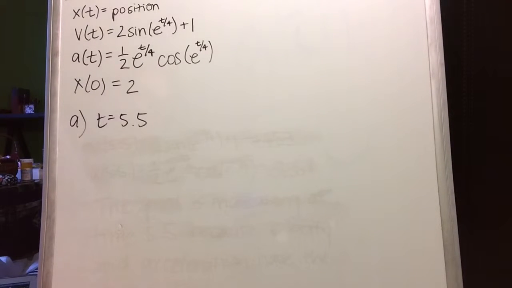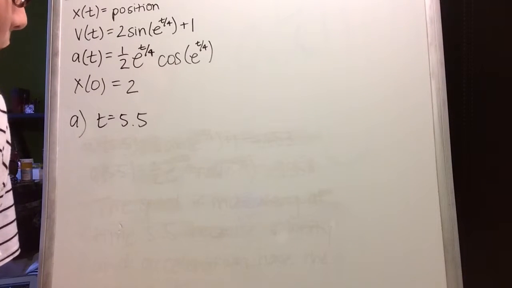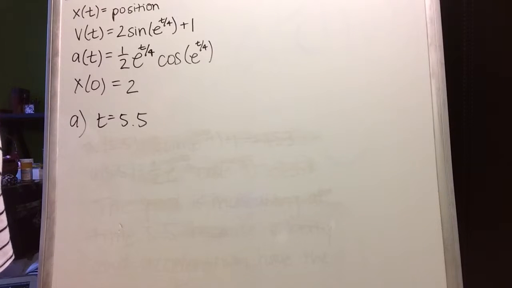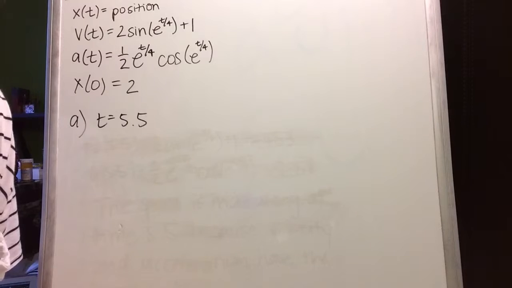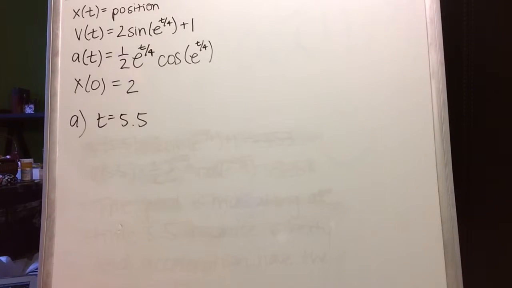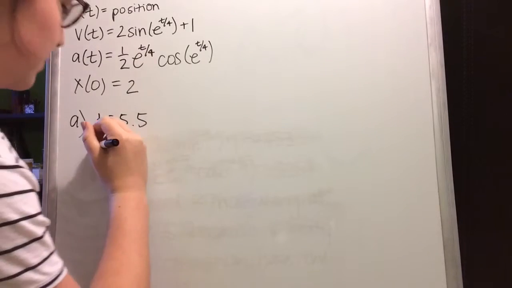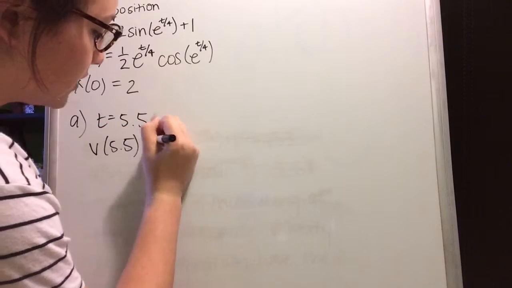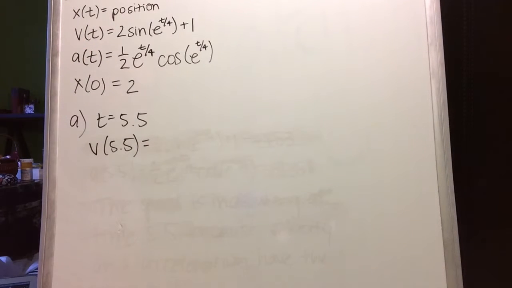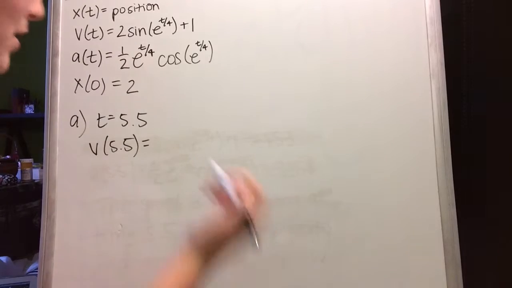So the first question is part A: is the speed of the particle increasing or decreasing at time t equals 5.5? So the first thing you're going to do is plug 5.5 into your velocity function, which is going to give you the velocity at that point in time, 5.5 seconds.